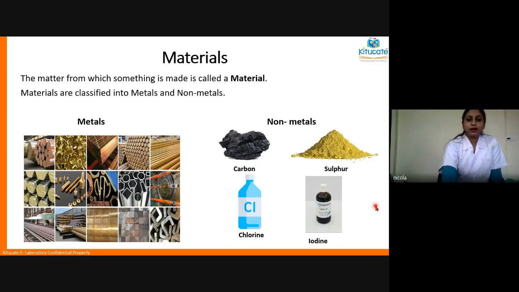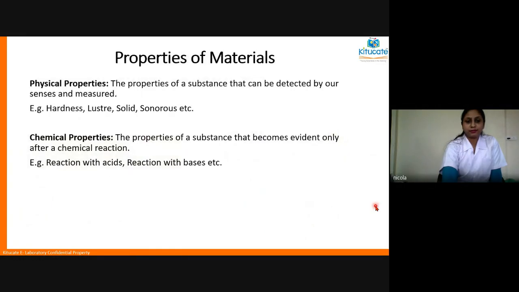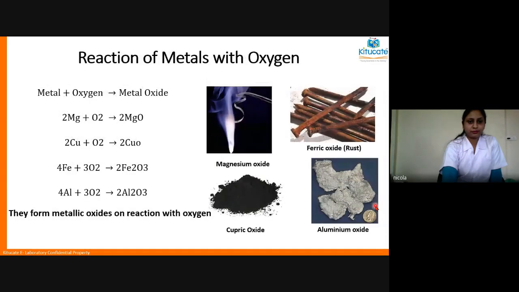Okay. We can go to the chemical properties slide. Not this, the next one. So when metals react with oxygen, what happens? A metal oxide. And what is the nature of the metal oxide?